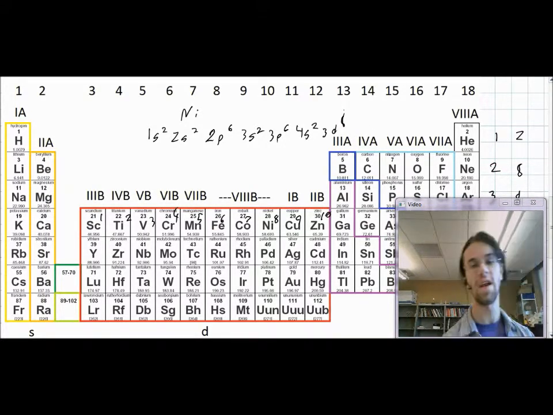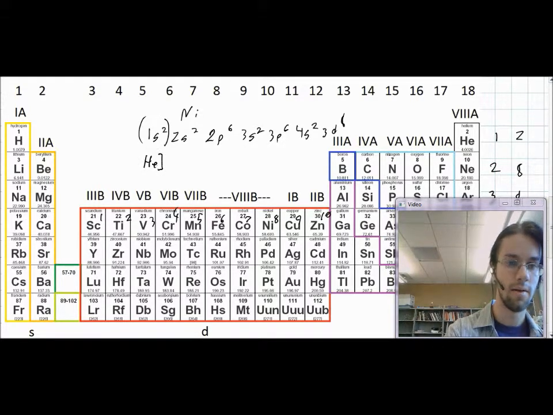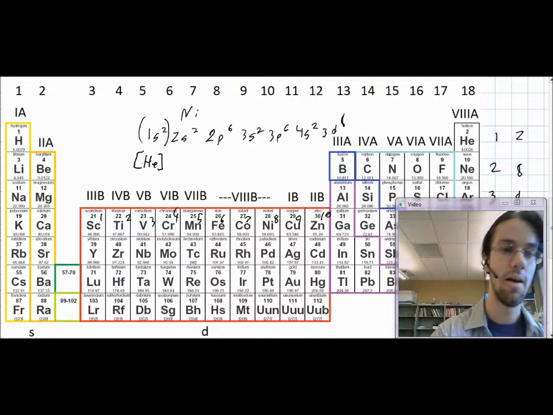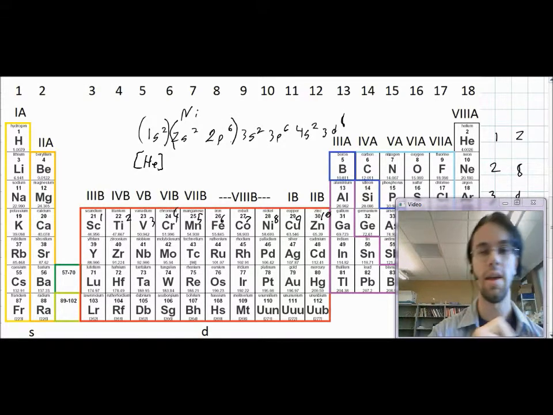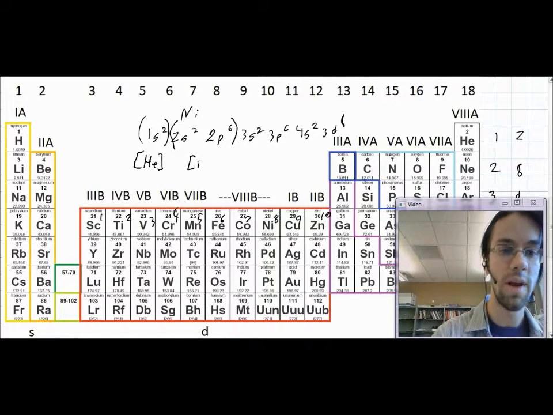Now let's make a shorthand out of this, because this is a lot of stuff to write down, right? So, this is a complete shell. This is helium's shell. So we can shorthand it and put helium as a substitute for that, but that doesn't save a lot of space. Right here is neon. So we can put neon whenever we get this far.